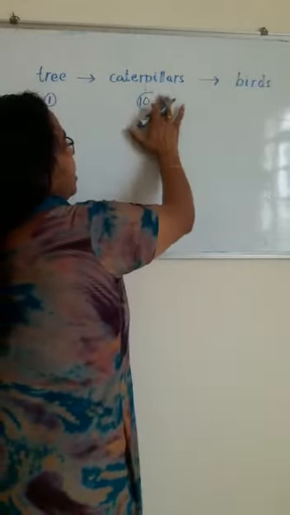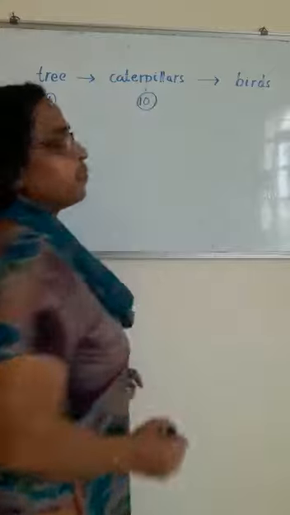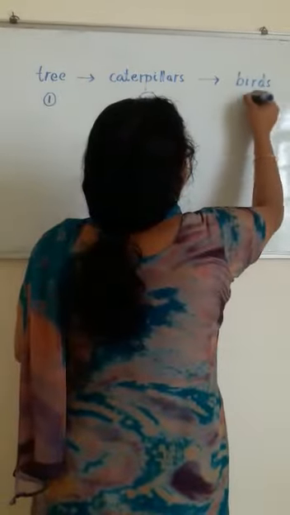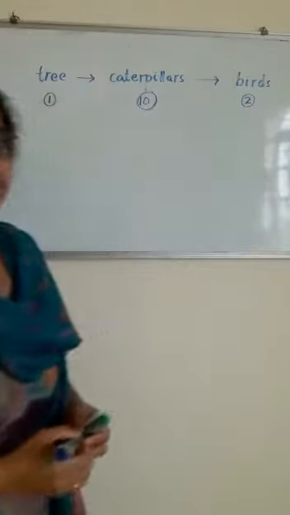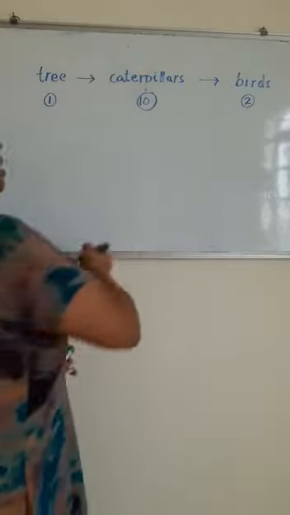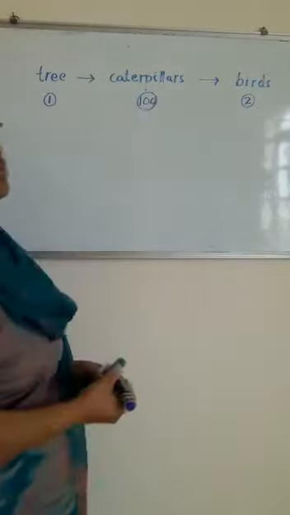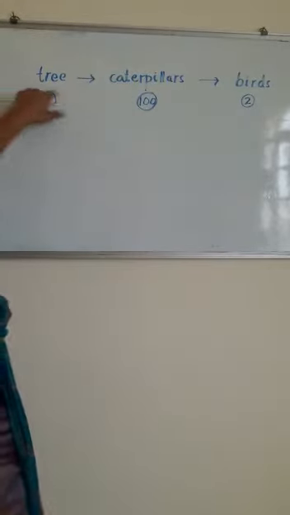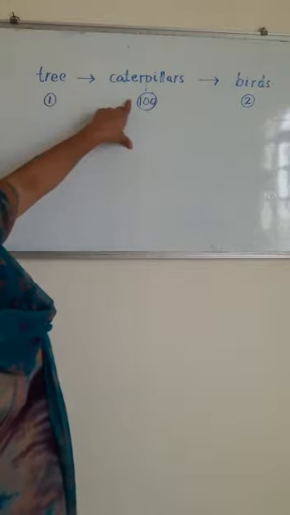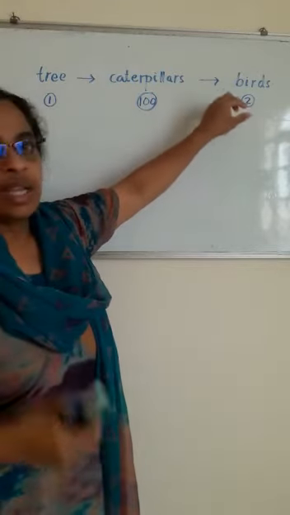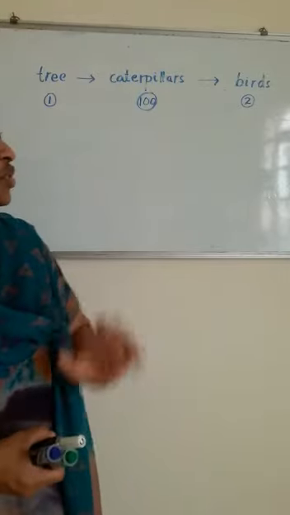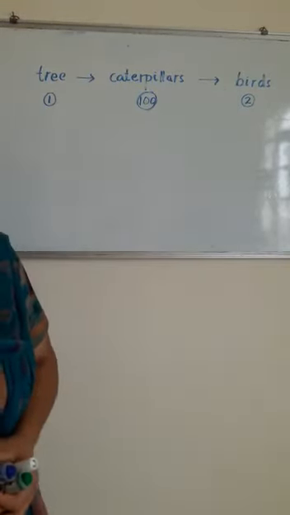Okay, we will put 10 caterpillars and maybe 2 birds feeding on them. Or we can put even 100, no problem. We will put 100. So, on one tree there can be hundreds of caterpillars and 2 birds feeding on them. Suppose you represent using the numbers.